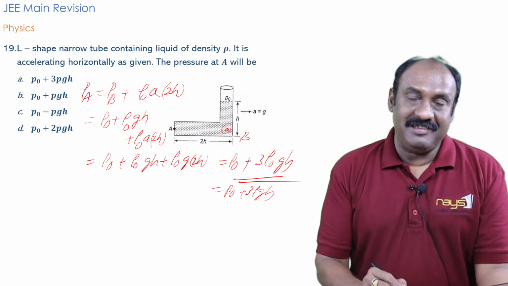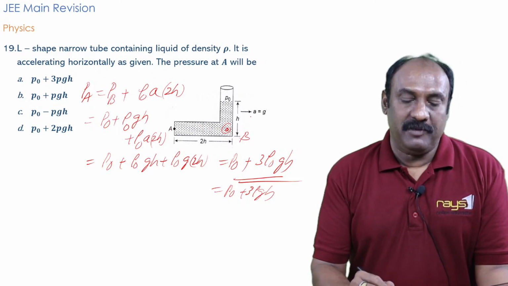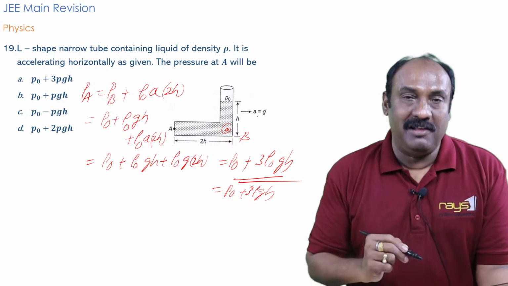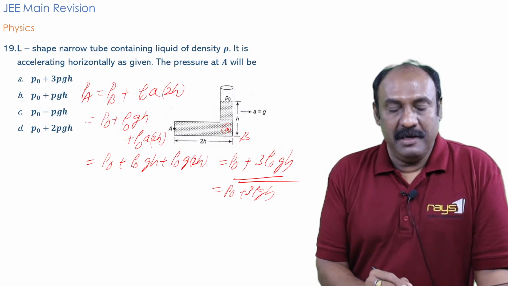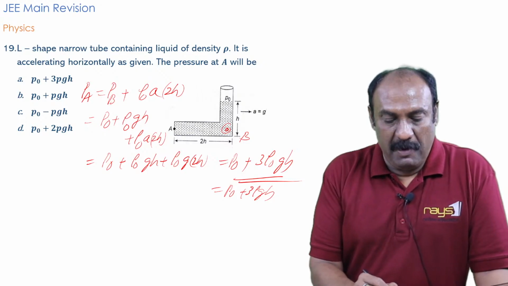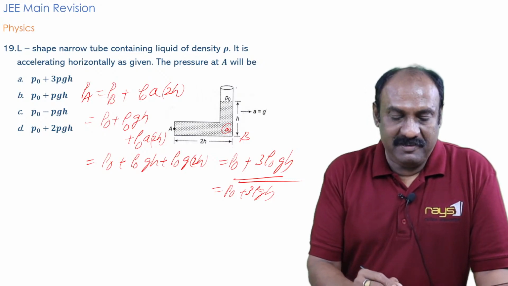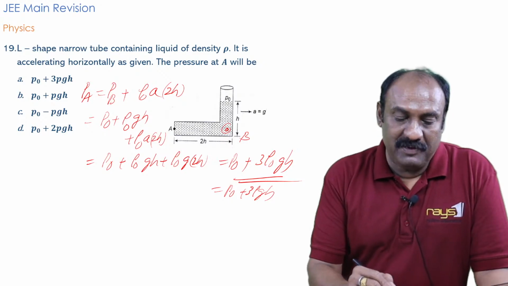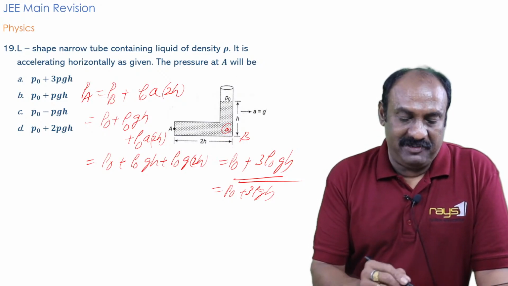So, when this vessel moves horizontally with constant acceleration a equal to small g, what is the pressure at point A? Pressure at point A is equal to pressure at point B plus pressure due to the vertical liquid column of height h.